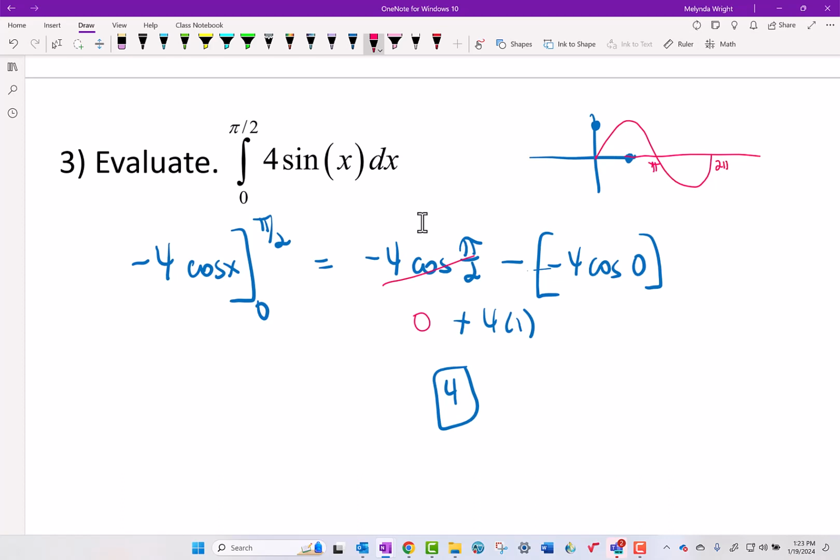That would be 2 pi. Pi over 2 would be right here, right? So what we just did is we found the area under the curve of sine from 0 to pi over 2. Isn't that fun? We did it with calculus. Who would think that would be like 4? That's crazy.